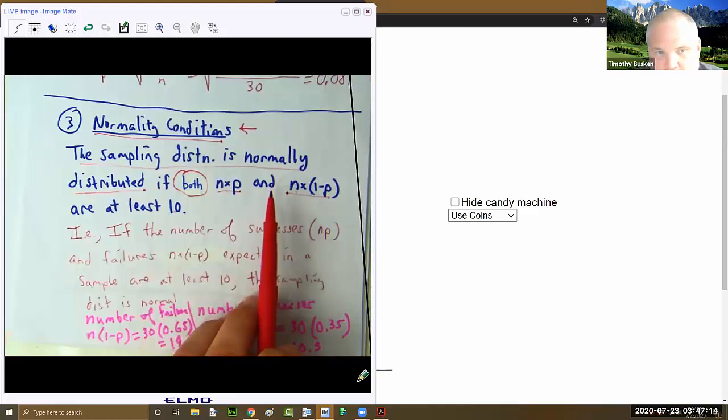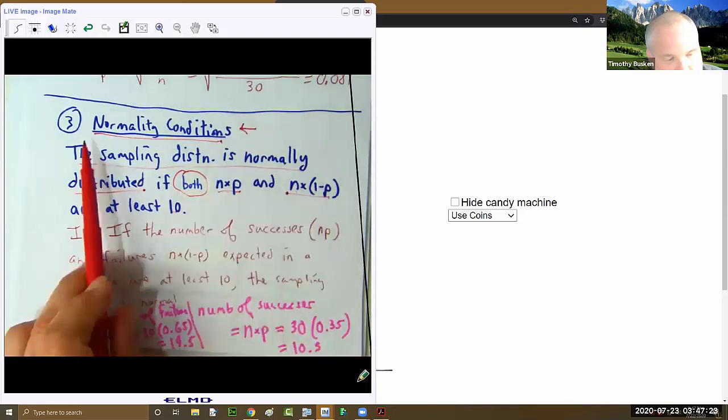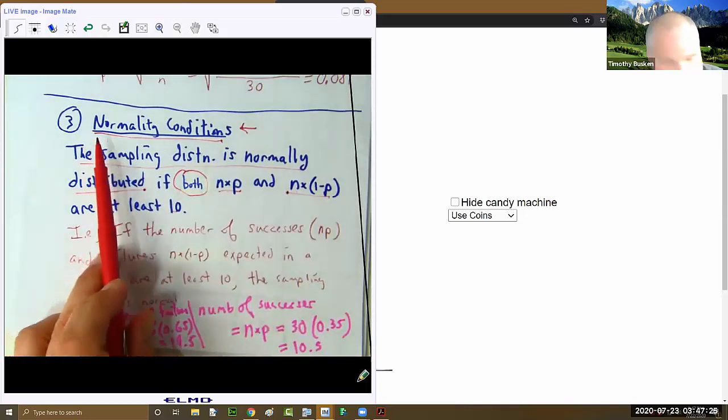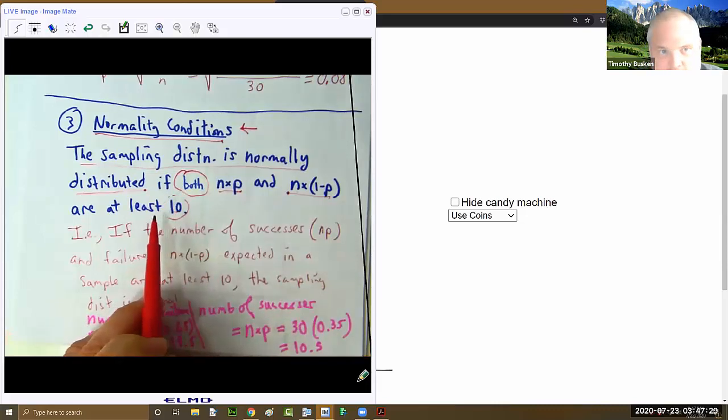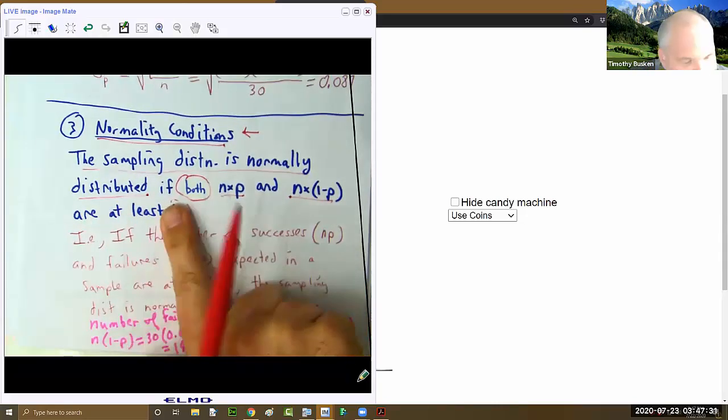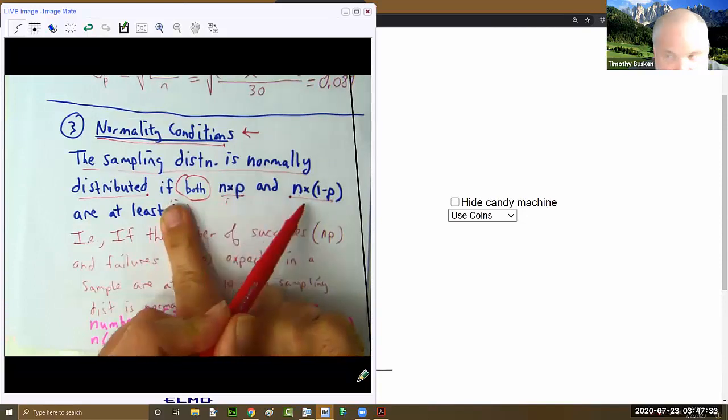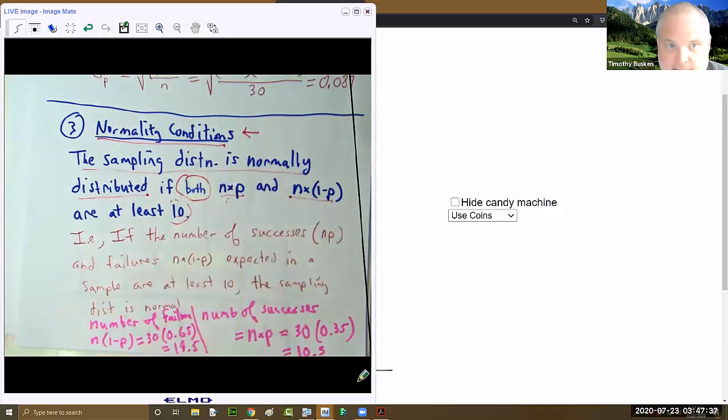And I'm sorry to muddy up all these waters, but in fact, other statistics books will list this normality condition with the number 10 as being 5. They'll say that as long as this and this are greater than or equal to 5, we expect the sampling distribution graph to be normal.